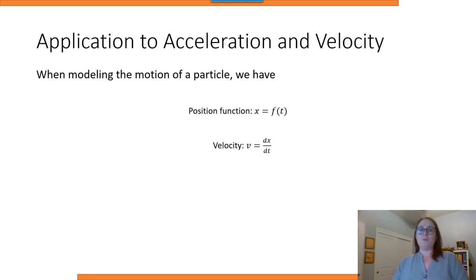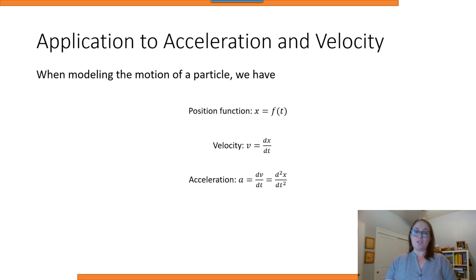So v would be equal to dx dt, the derivative of x with respect to t. If I take the derivative of that, then I get my acceleration function. So the derivative of v with respect to t, or the second derivative of the position function, would give me the acceleration.